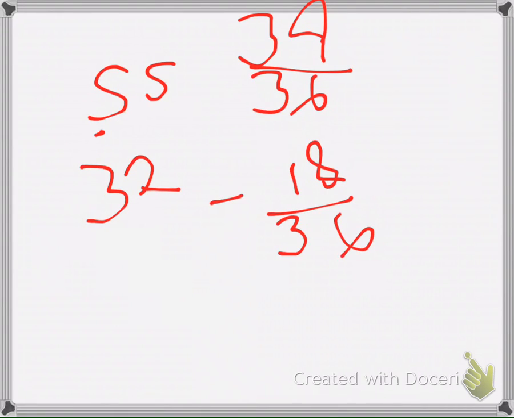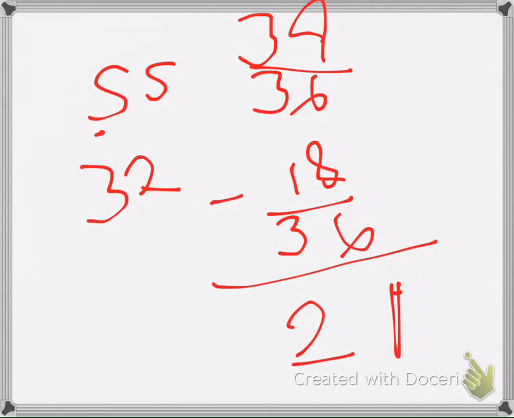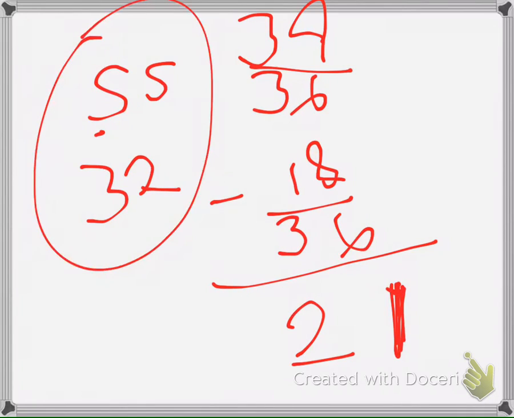Now we subtract those. And we get, drum roll, 21. And then we forgot the whole numbers. 21 over.